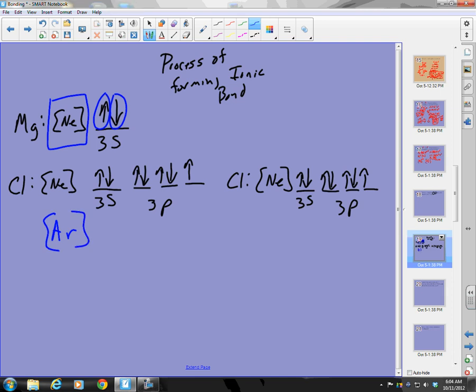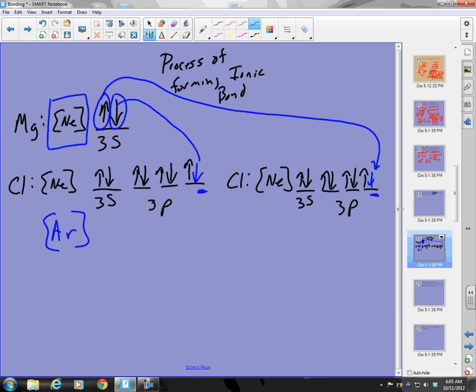It needs an electron to come in here, and this chlorine needs an electron to come in here. If each of these chlorines gains 1 electron, it will have an argon core, a noble gas core. So this electron may come like this and go down like that, and this electron can flip around and go down like that.